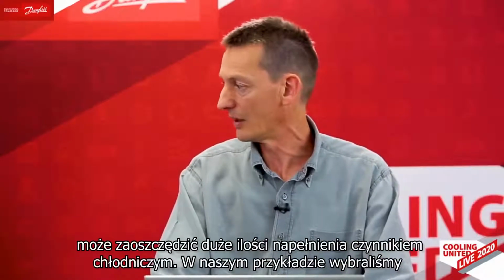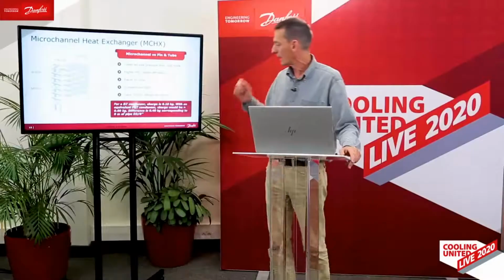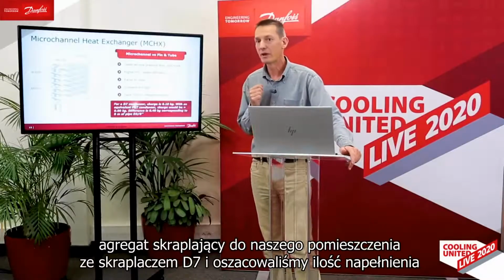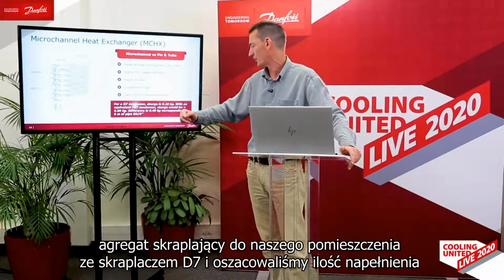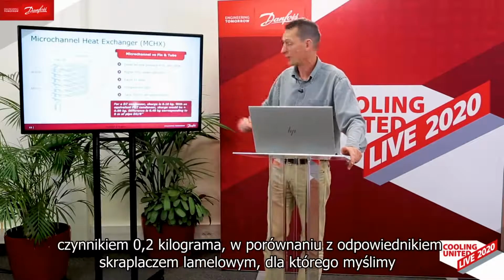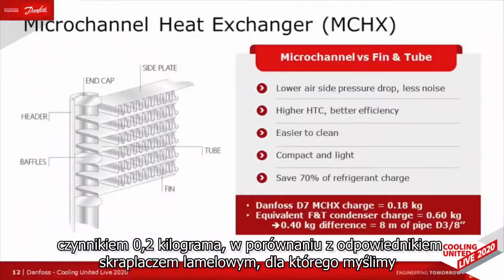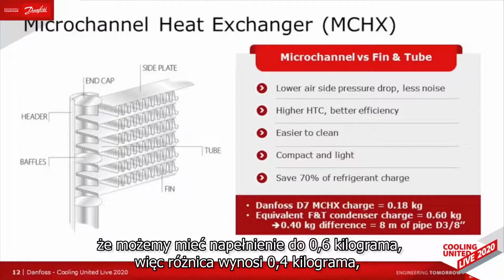And if we continue our example, the condensing unit we have selected for our cold room was with a D7 condenser, and we have estimated the charge to be 0.2 kilogram. With an equivalent fin and tube condenser, we think that we could have a charge up to 0.6 kilogram.